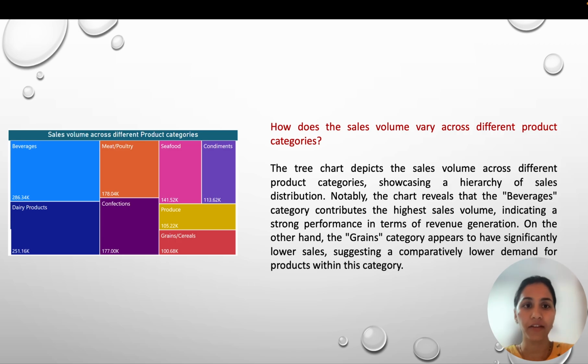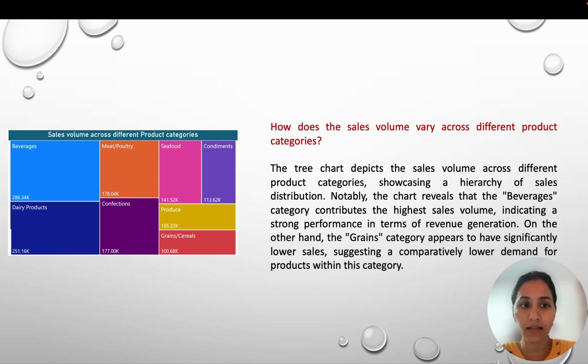Now, the second question of product analysis is, how does the sales volume vary across different product categories? For this one, I have created a tree chart of the sales volume across the different product categories. From this tree chart we can observe that beverages and dairy products give us more sales.